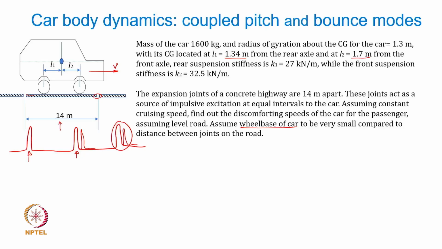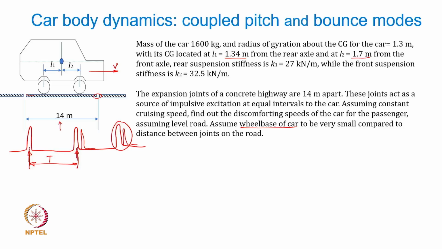Okay, and so if this excitation frequency, which will be based on the cruising speed, so there will be some period for a given cruising speed which is constant, there will be a period for the repetition of these impulses to the wheel.